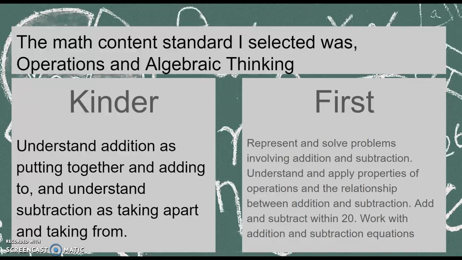In first grade, it changes to represent and solve problems involving addition and subtraction, understand and apply properties of operations and the relationship between addition and subtraction, add and subtract within 20, work with addition and subtraction equations.